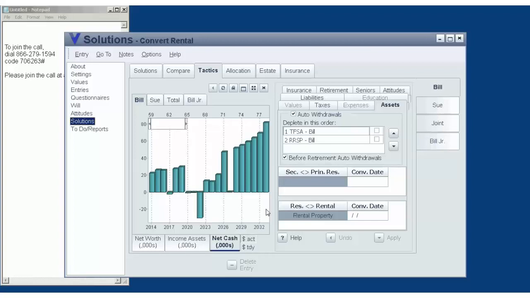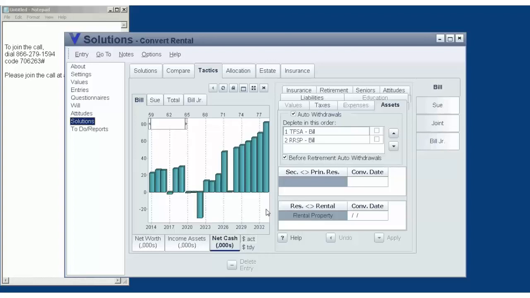You also have the ability to take a residence, convert it to a rental property, or a rental property back to a residence. The direction of the conversion, so to speak, depends entirely on what the asset is now. So the asset is a rental property, so we know when we put in the conversion date that we're going to be converting it from a rental property back to a residence.